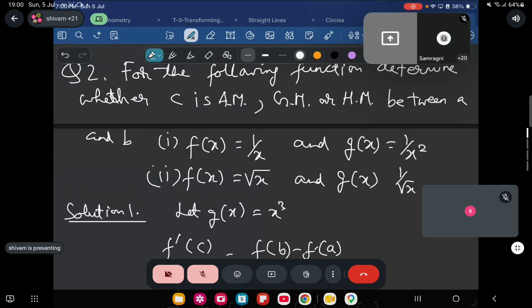I am correct. So I'm checking. Swapnil, 2 part 1. Okay, 2 part 1, I think you are making some mistake. What have you written? Let me see. No, I think you are making some mistake. Wait, let me see. I've got a different answer for 2 part 1.